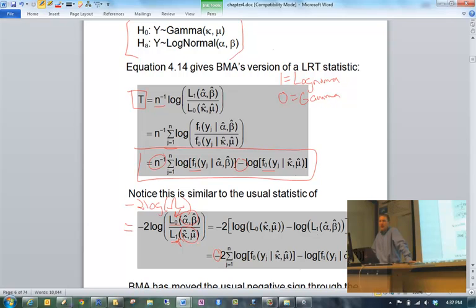We have a certain property with respect to the hypothesis when we do a likelihood ratio test. The null hypothesis is nested within the alternative hypothesis. Is a gamma a special case of a log normal? Nope. So, it's not a regular old likelihood ratio test. Can't use chi-square approximation.